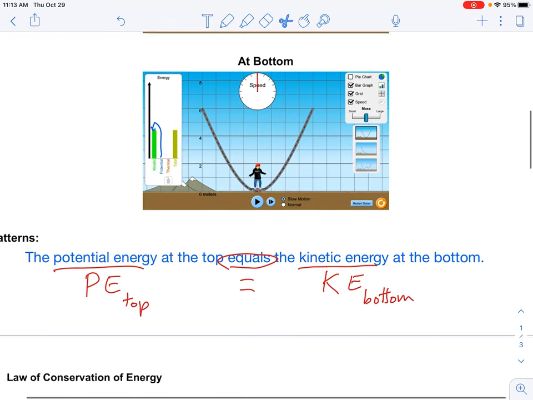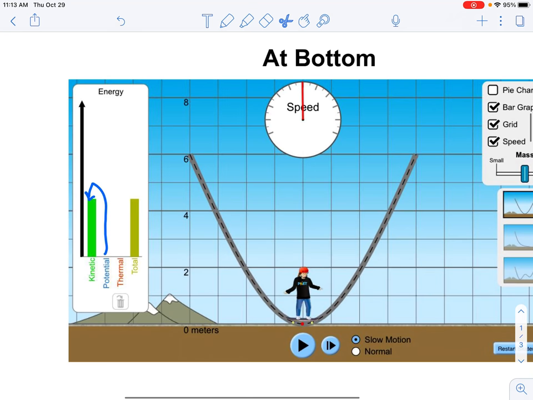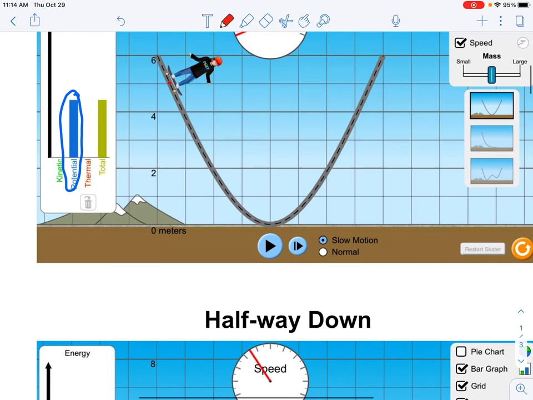Actually, what leads us to this law is the observation that the total energy here doesn't change. The total energy here is the same no matter what forms of energy are present in the system, because those forms of energy are just converting to and from each other.